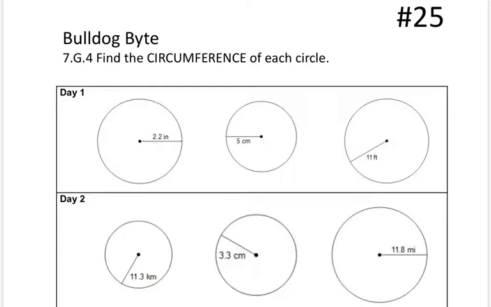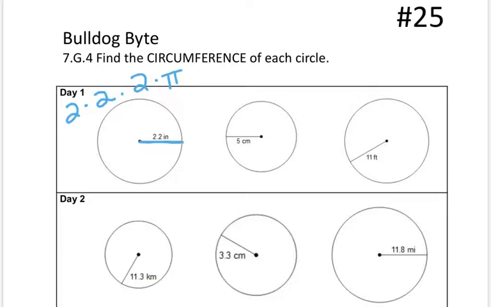So day one, the first problem, this is the radius. We're going to use the formula that says 2 times the radius, so 2 times 2.2 times pi. Remember, you can use the pi key on your calculator.